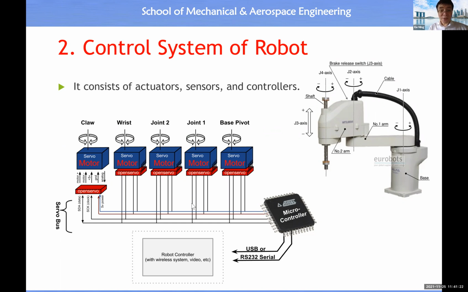Then you can see what should be the key components inside a robot control system. Number 1 is what? Motor. Number 2 is what? Controller. Number 3 is what? Sensor. There's no indication of a sensor in the figure, but number 3 should be the sensor, because you need sensory feedback. When you see this servo motor, it actually means inside the motor there is a built-in velocity sensor.